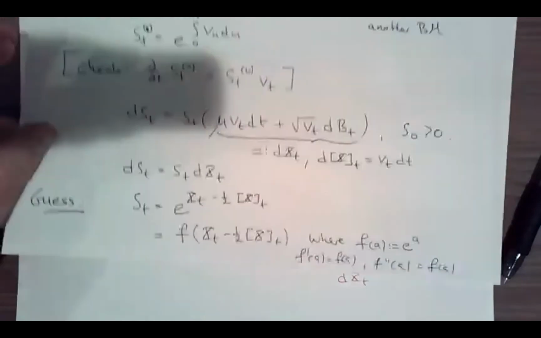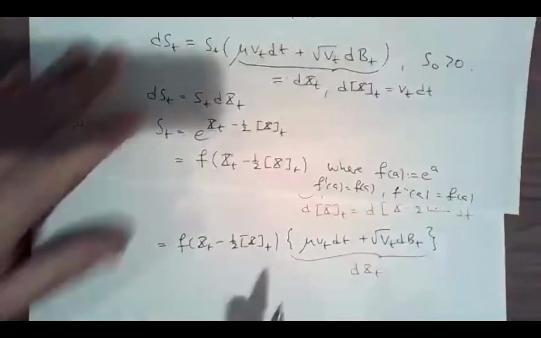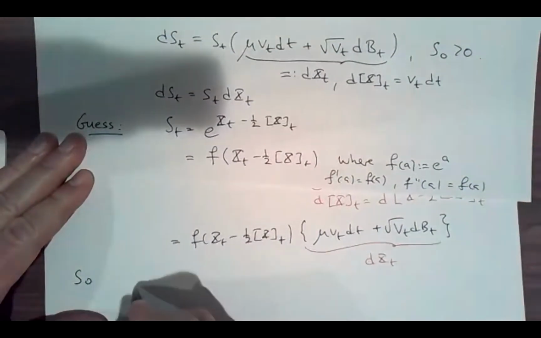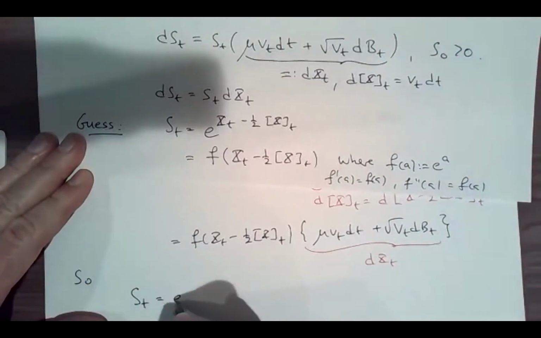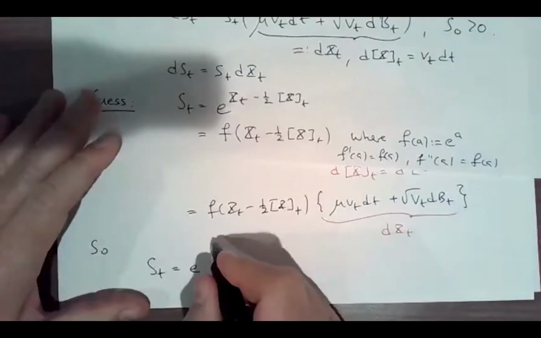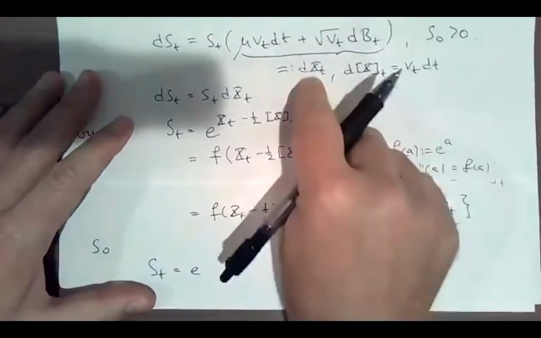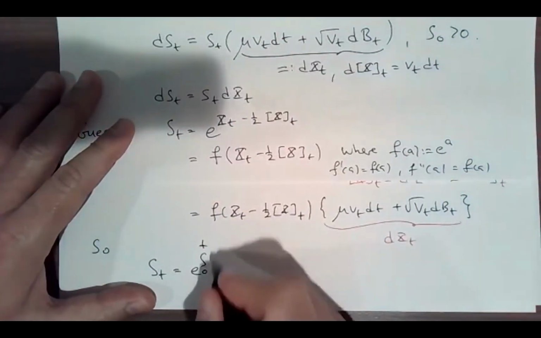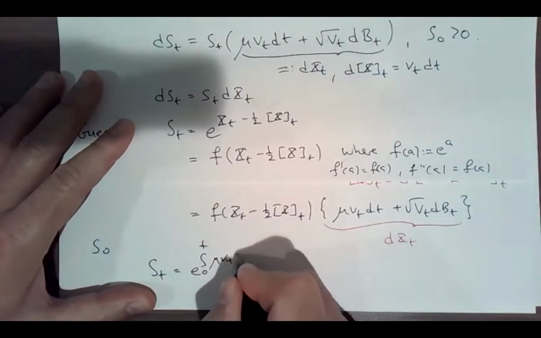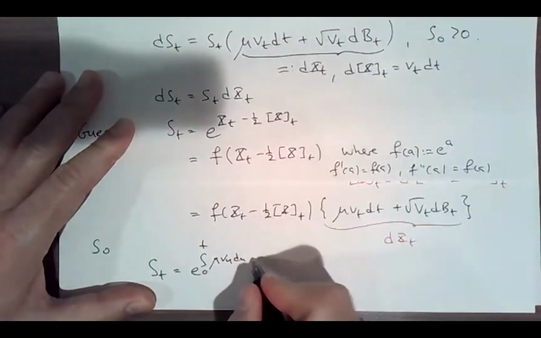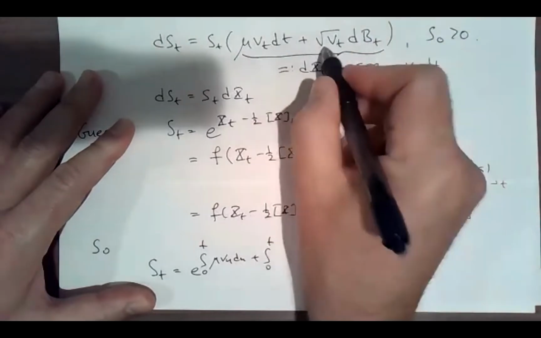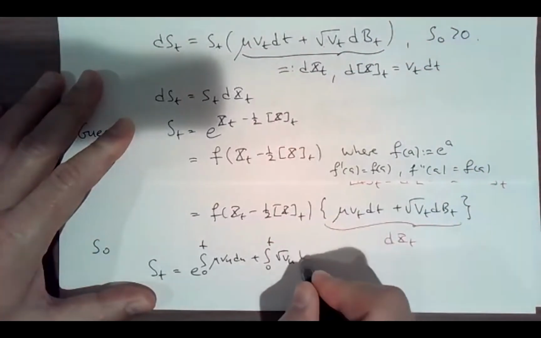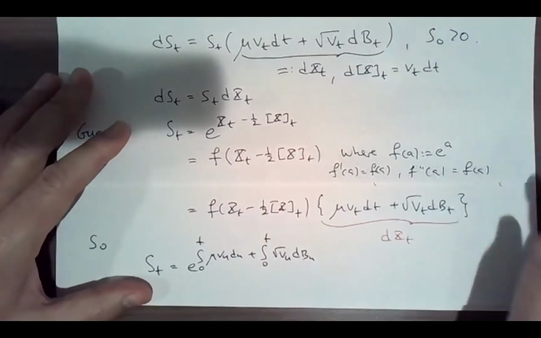Right, so it is really true that St is equal to e to the, and then X was, I have dX, so to get X I need to integrate, integral from 0 to t of mu vu du plus another integral of square root vu dBu.